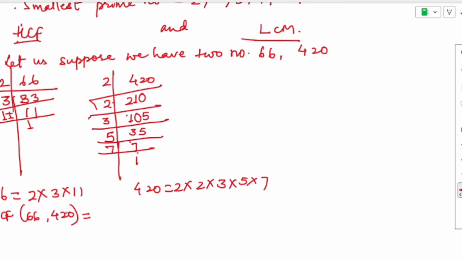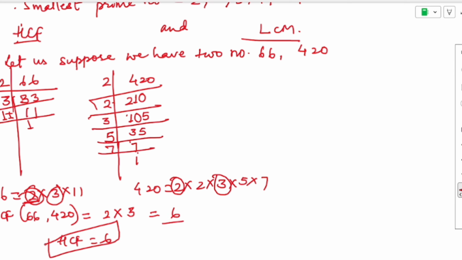So we have to write common factors only. 2 is common, so we write 2 one time. Then 3 is here and 3 is in 420 also, so I am writing 3. By multiplying we get 6, so HCF is 6.